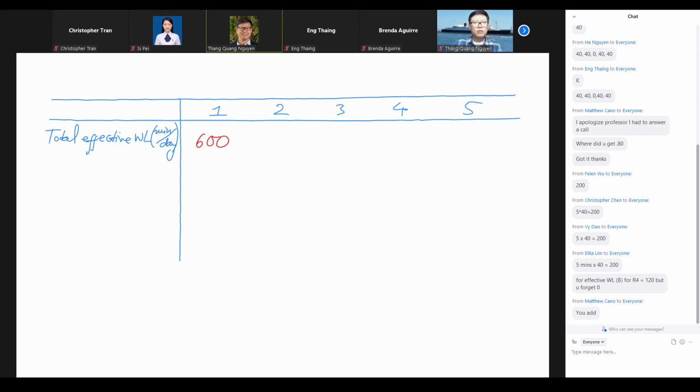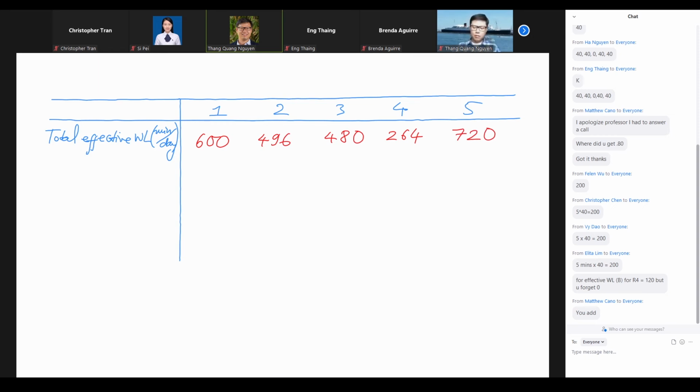At station 2, we have 496. Station 3, 480. At 4, we have 264. And at 5, we have 720. Right, we just add the numbers together. Yeah, Matthew, that's correct.